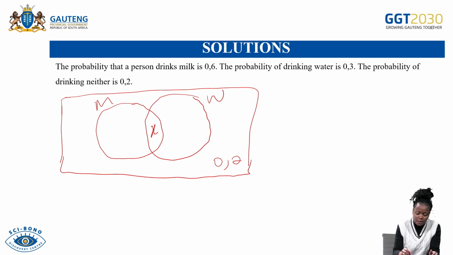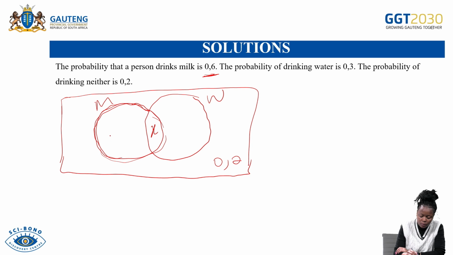Then for you to get the probability of a person who drinks milk, they said it's 0.6, right? So if it's 0.6, it means if you add everything here, you need to get 0.6, right? So for you to get this one, it is going to be 0.6 minus this one, right? So if this one is a certain number, you need to say whatever that you have minus the intersection so that you can get the whole probability of the person who's drinking the milk.